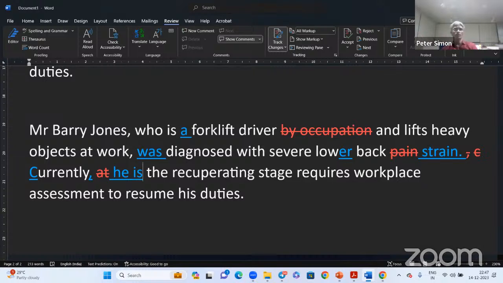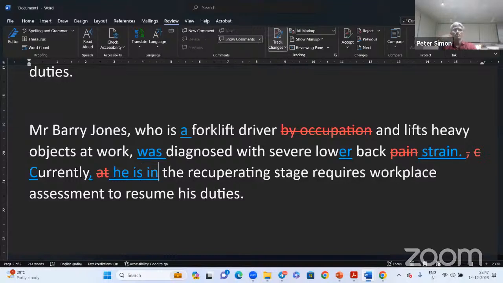He is recuperating. He is in the recuperating stage. Currently, he is in the recuperating stage and requires workplace assessment to resume his duties. That's fine. That's good.